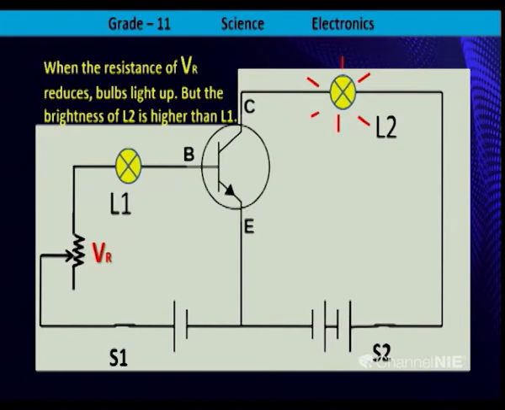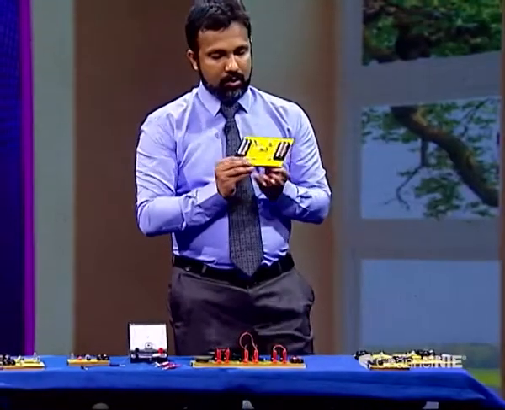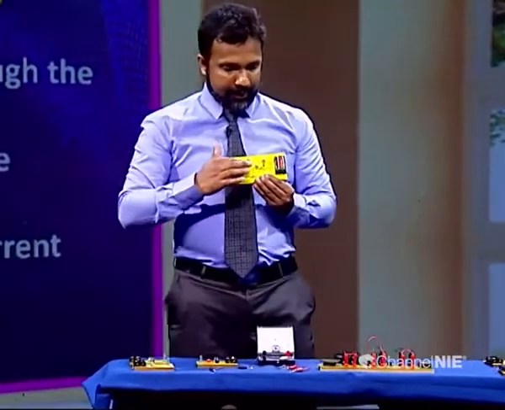We can use a volume controller as a variable resistor. You know, my dear children, a variable resistor means a resistor where the resistance can be changed as we need. Right. Before going to the conclusion, let's do the activity. Here, input circuit, output circuit.